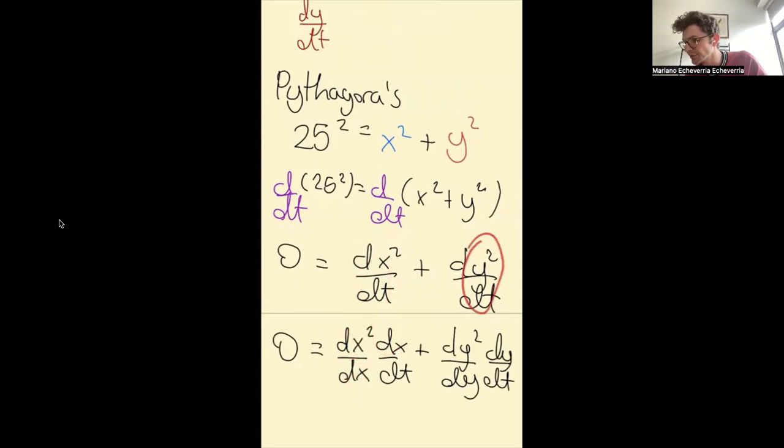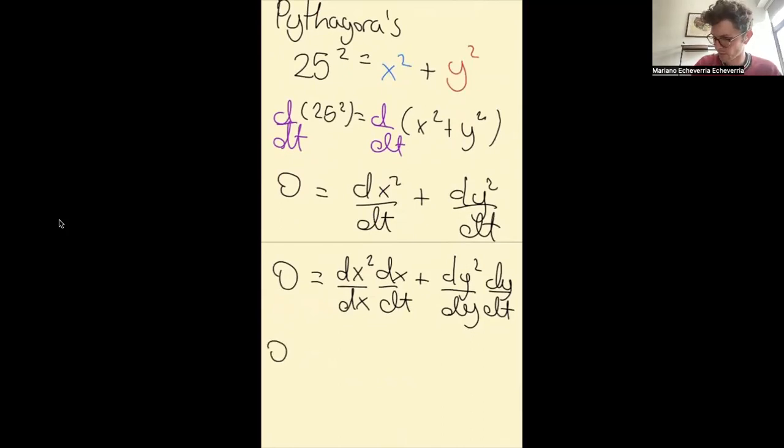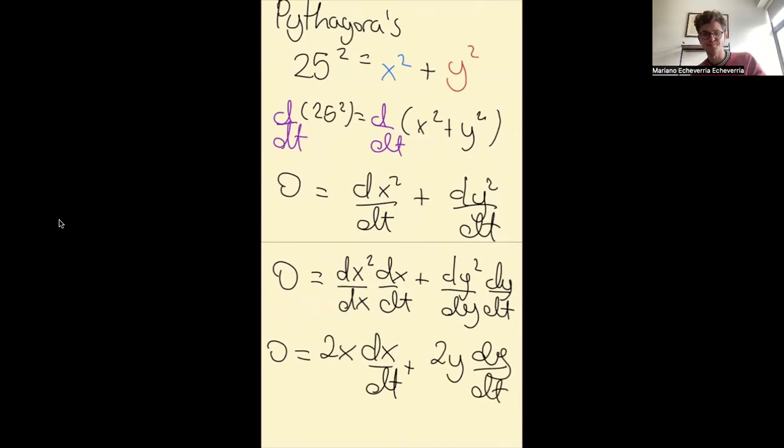And here, what's useful is to take the derivative with respect to y, and so that's why I'm multiplying and dividing by dy. So what's the derivative of x squared? That's just 2x, so you get 2x dx dt. And what's the derivative of y squared? That's 2y, so you get 2y dy dt. Is that making sense?